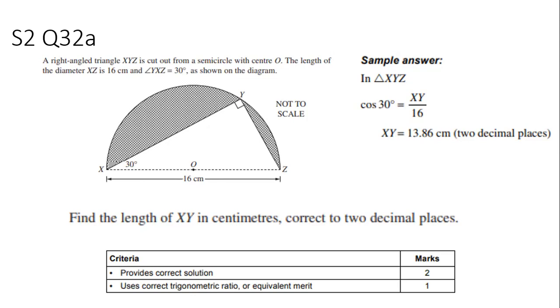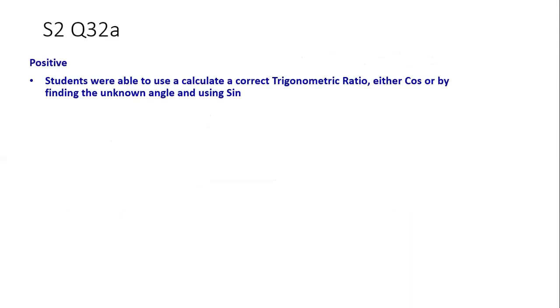So the biggest part of this question that we thought, and I'll go through the positives first, if they're able to identify the correct trig ratio, they tended to do quite well. And if working out was used to support their trig ratio, they were able to clearly identify the sides, whether they use sine or cos, or even the sine rule, they're actually able to go through and find the correct side within the diagram, which was XY.